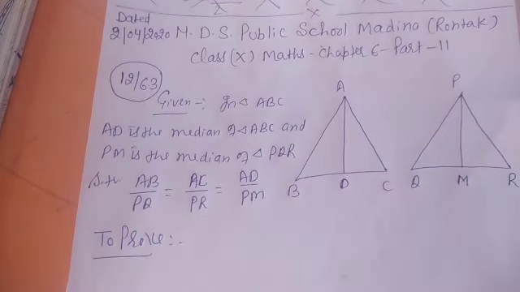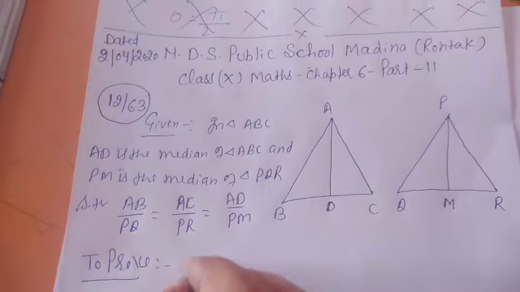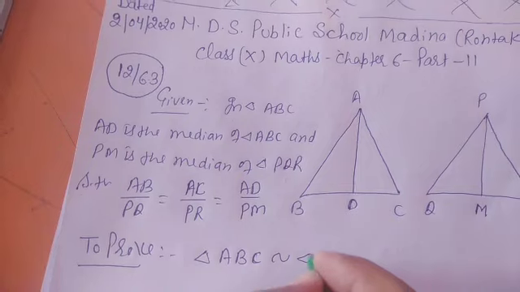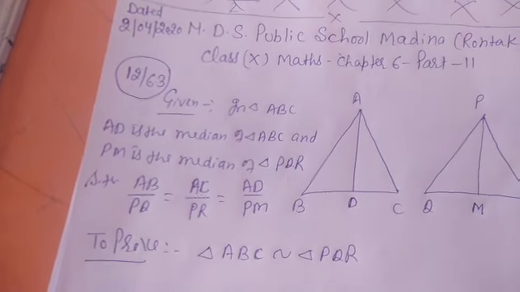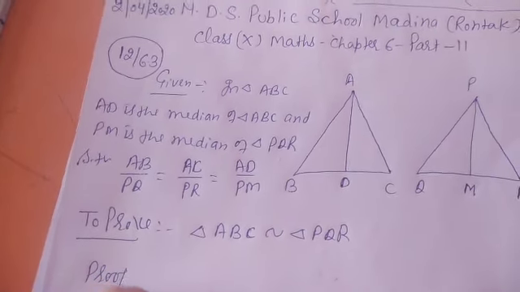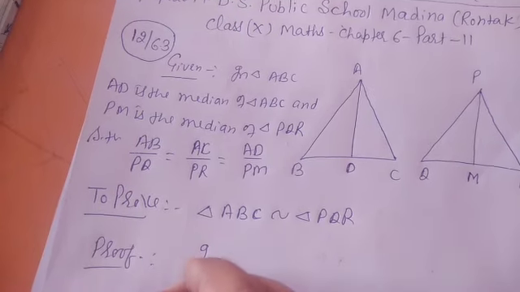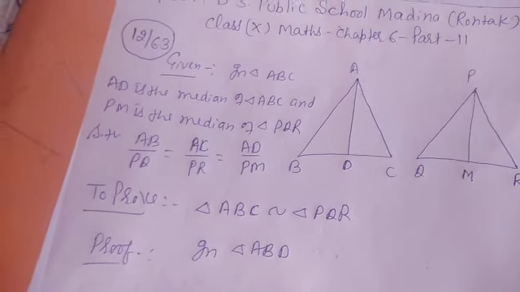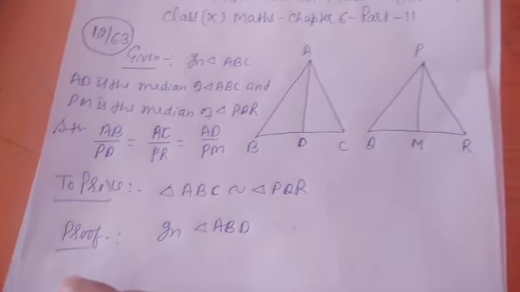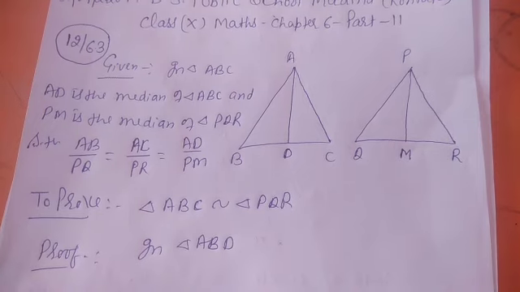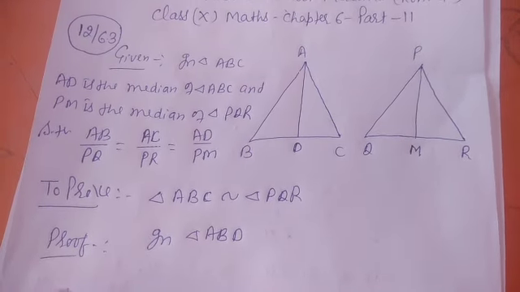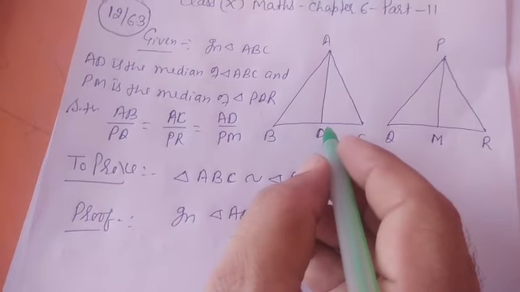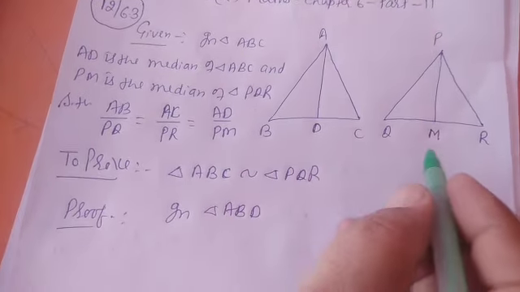To prove, what do you have to prove? Triangle ABC is similar to triangle PQR. Proof: in triangle ABD, AB and BC, PQ and QR.